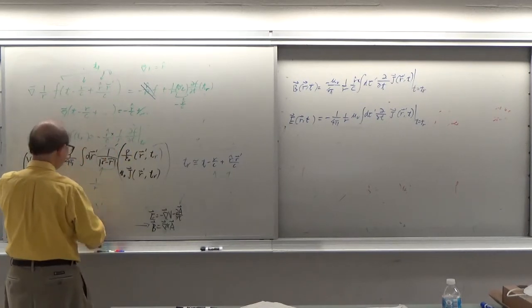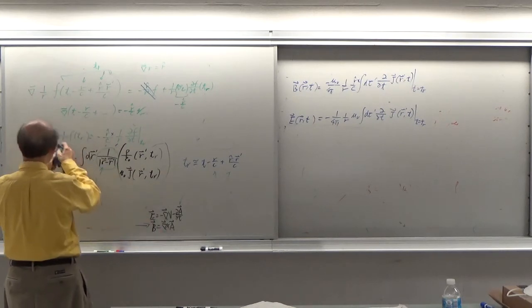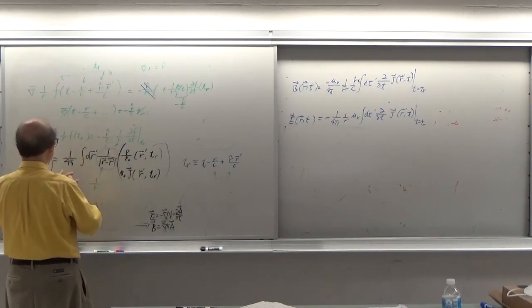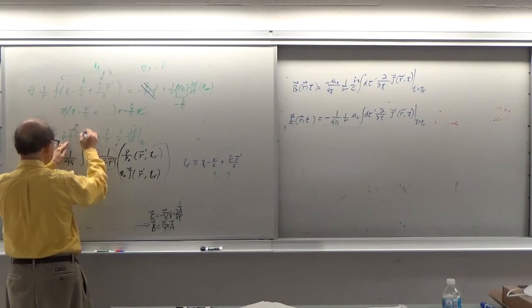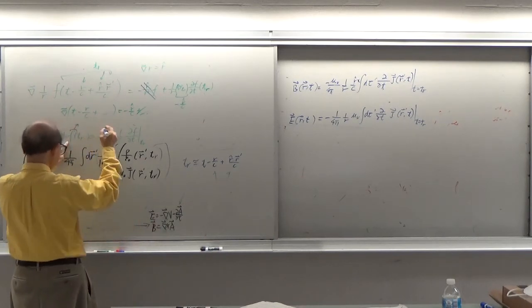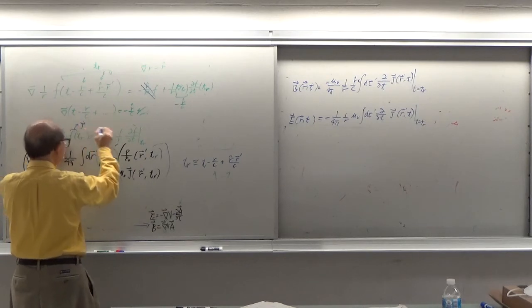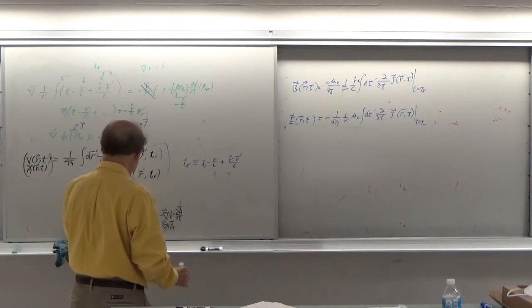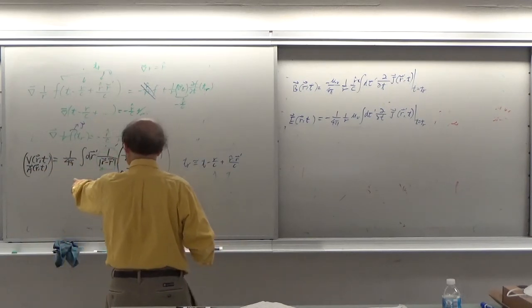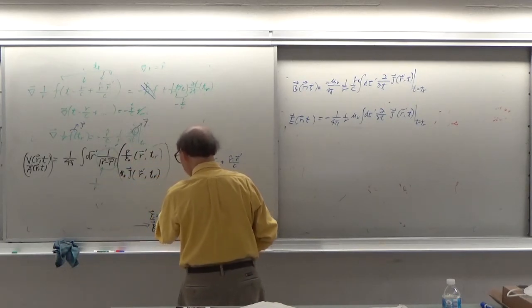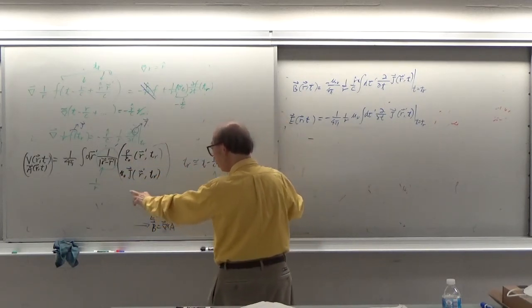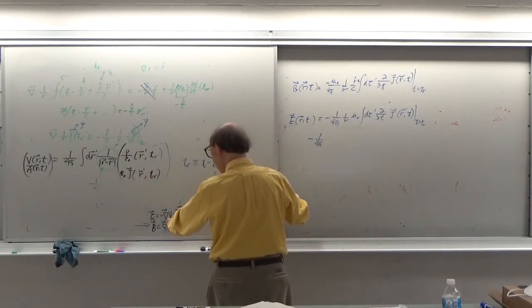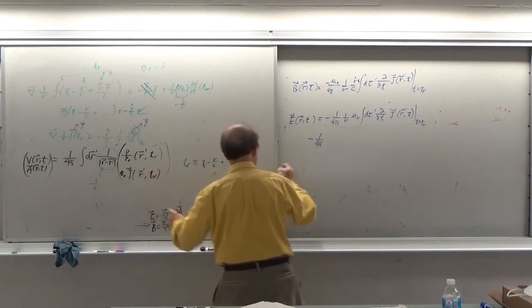And there's no cross, unlike the cross for B. So that additional term for E would be minus 1 over 4 pi, and then the volume integral.